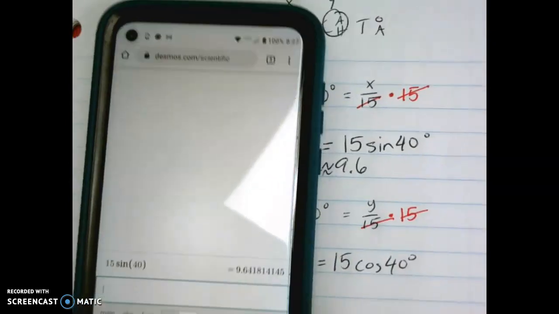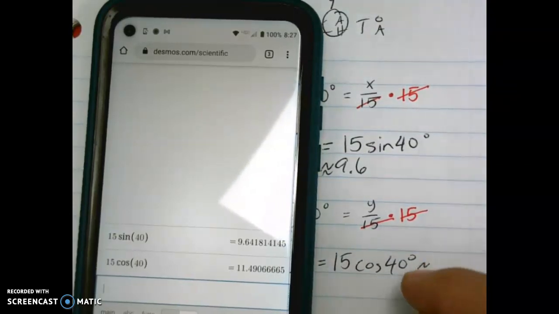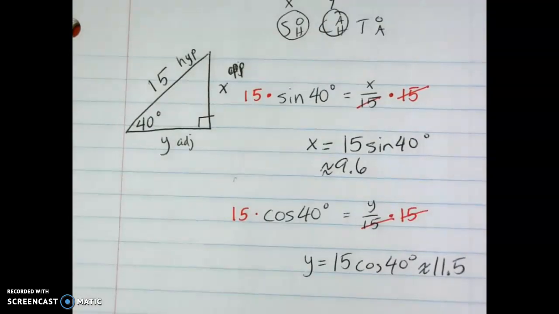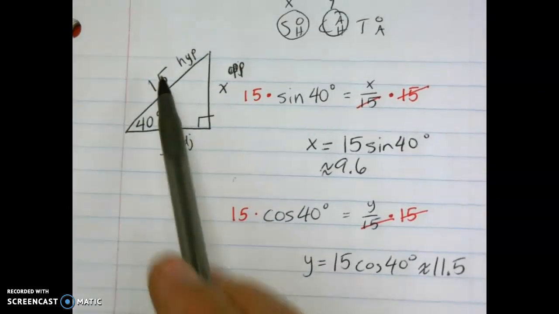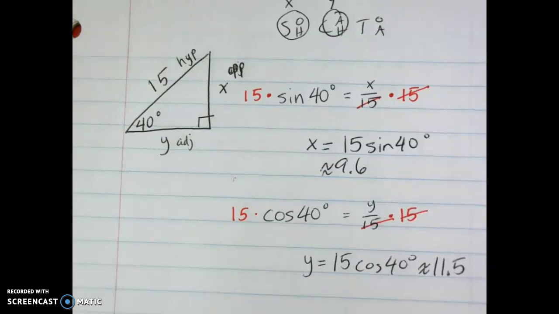So here we go again. 15 cosine 40 equals, it's about 11.5. Okay? So two unknown values. But because my triangle is determined, I know a side and I know two of the angles, I can actually figure out what these other two sides are.